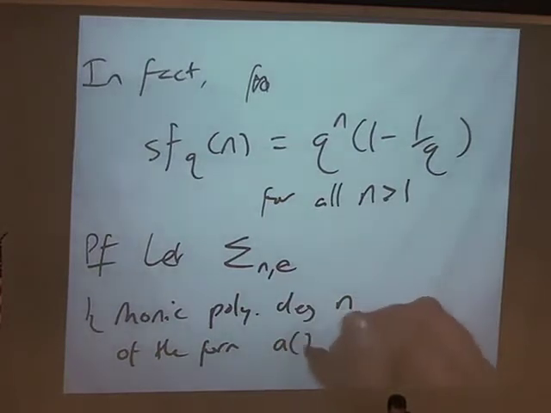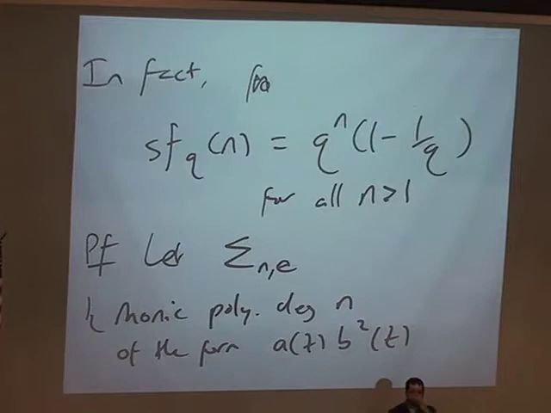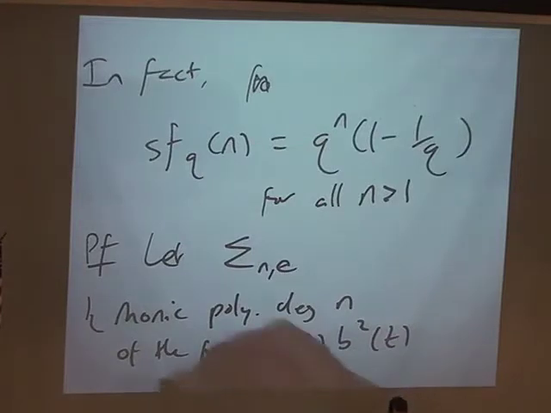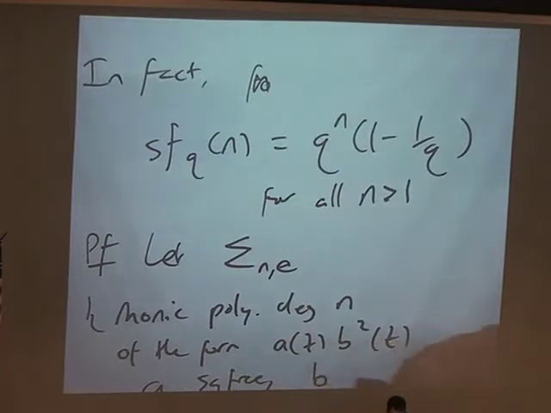Any polynomial can be factored in this way, so I'm going to say it's a of t times b squared of t, with a square-free and b of degree e.